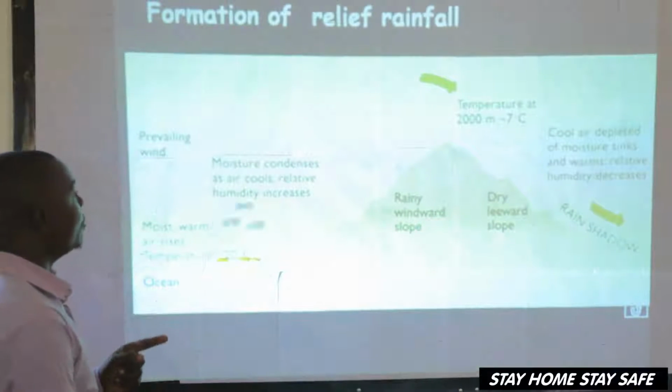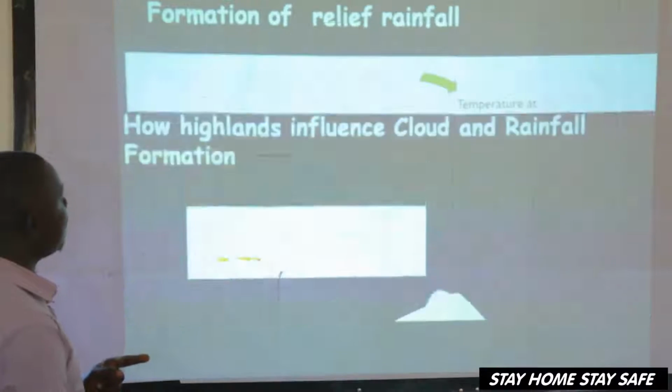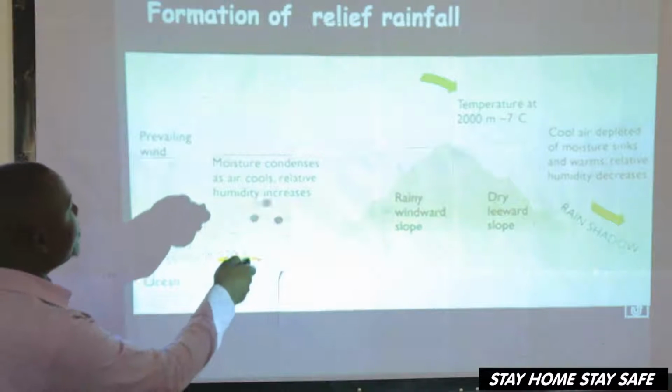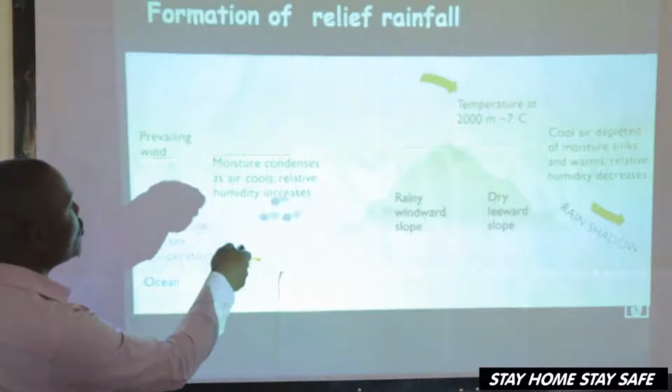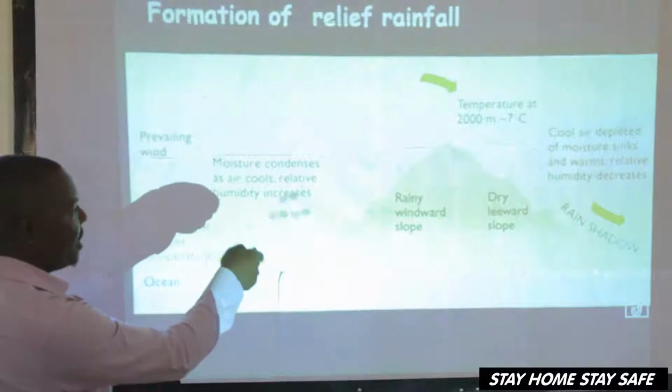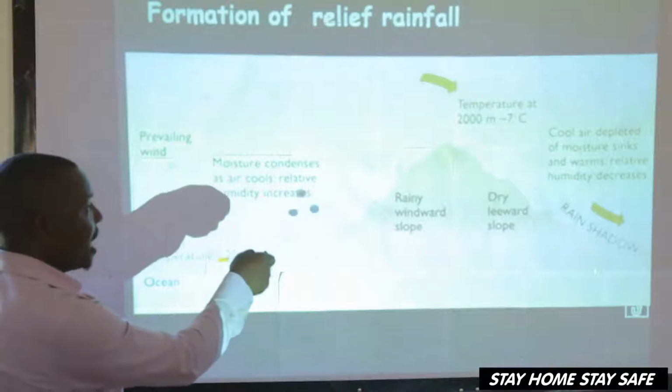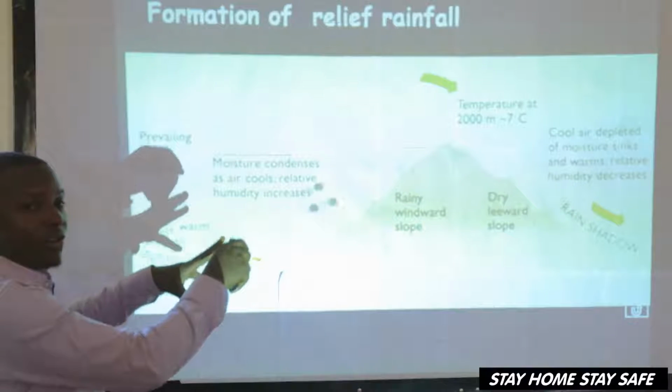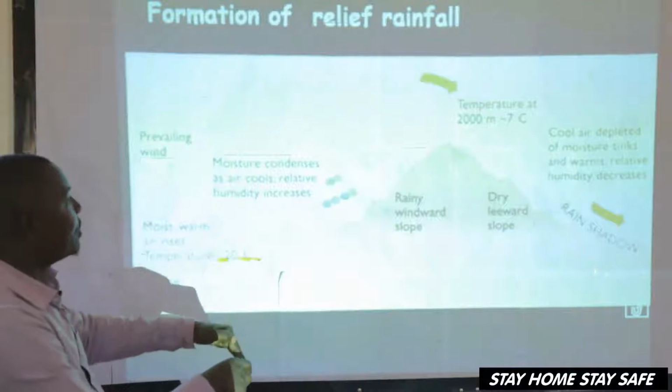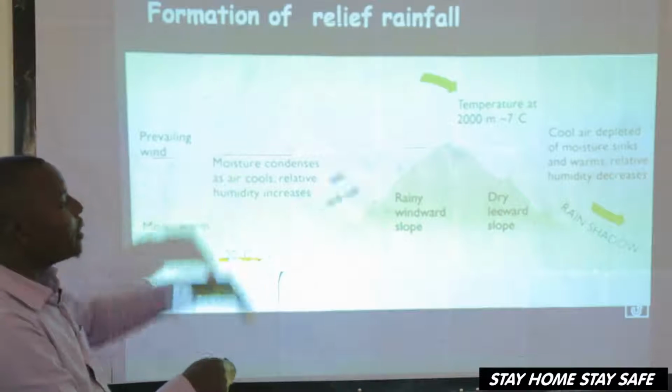Moist and warm. So when it moves up, it will find the cool temperature. Then when it finds the cool temperature, it will condense and form water droplets.